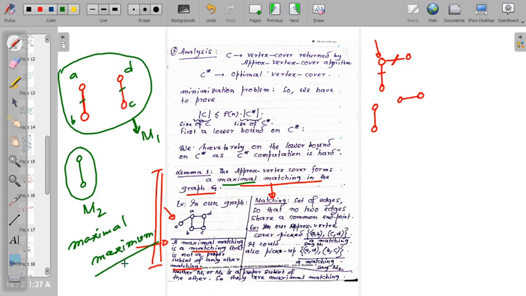To understand this, let us take one more edge here in this graph. If I include this edge with these two vertices, say this is AE, this is DF, and this is BC.